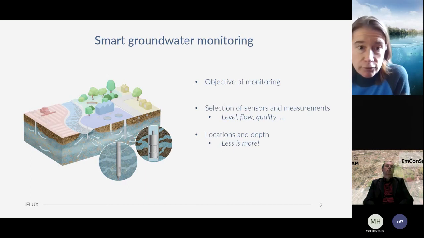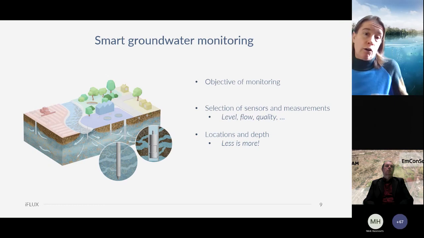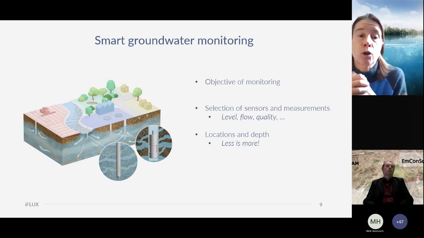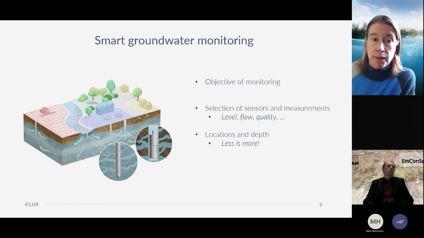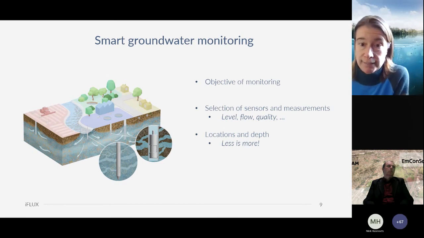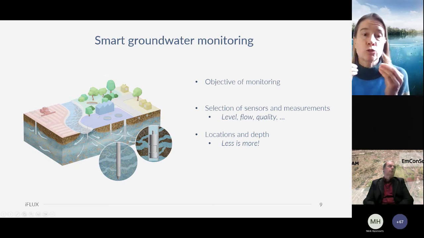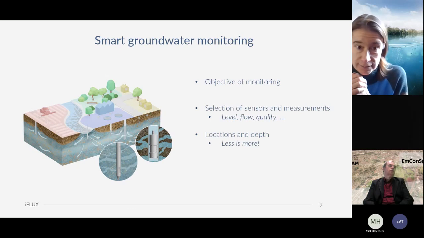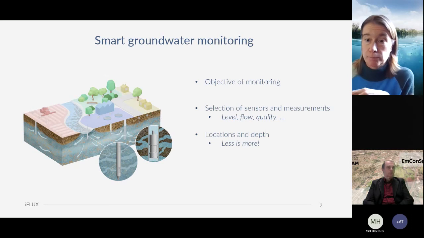We can combine different kinds of measurements with our own sensors, but also other measurements such as level sensors or quality measurements, meteo weather stations, etc., to better understand the water balance or the water system on site. Therefore, it is also very important to choose the right location to install the different sensors, to reach the objective of the monitoring network.